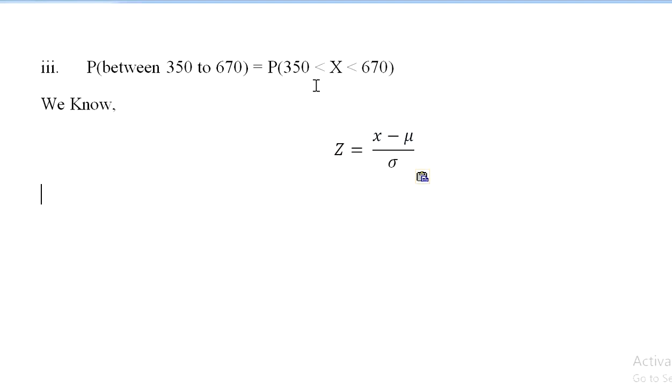ठीक है, तो सबसे पहले हम लोअर वैल्यू लेते हैं विच इज 350. Now substituting x is equals to 350, I can write it as x1. 2 वैल्यूज हैं तो पहली वैल्यू को मैं x1 कह देती हूँ, that is equals to 350, and x2 is equals to 670.